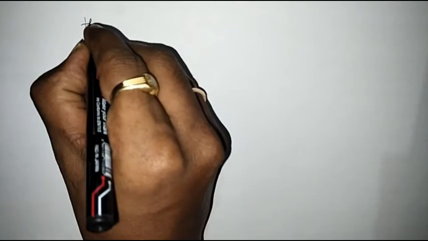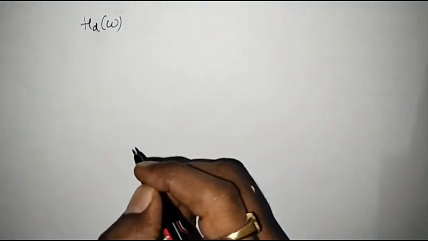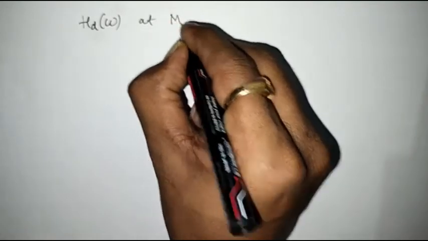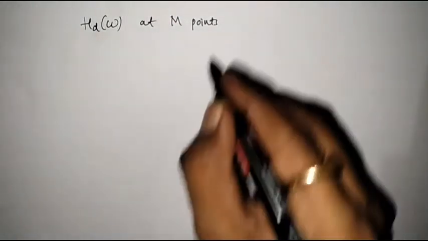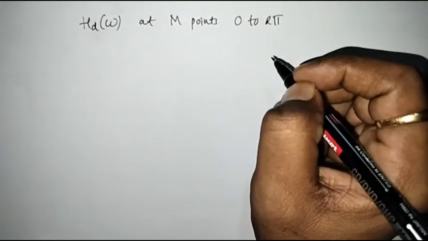In the frequency sampling method, the desired frequency response of the FIR filter, that is H_d of omega, is sampled uniformly at M points in the interval 0 to 2 pi.